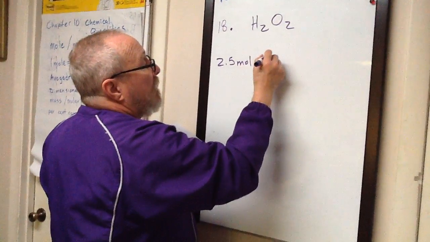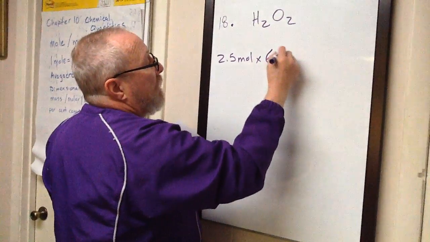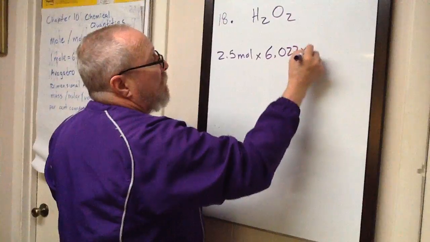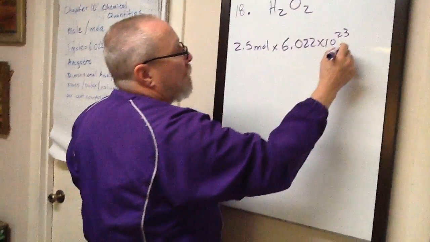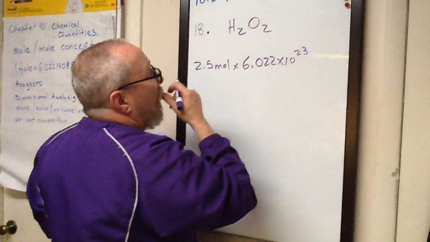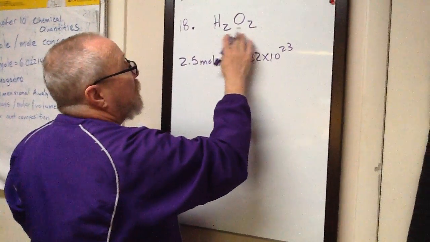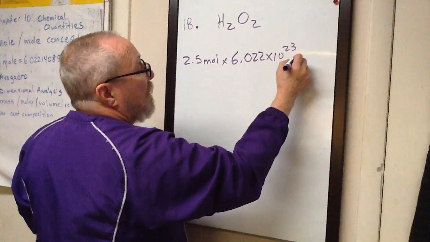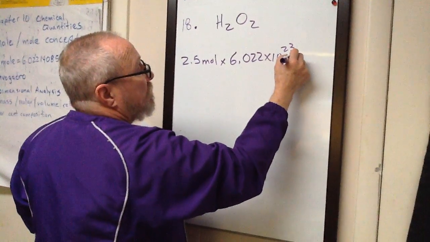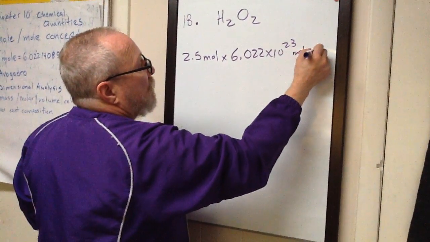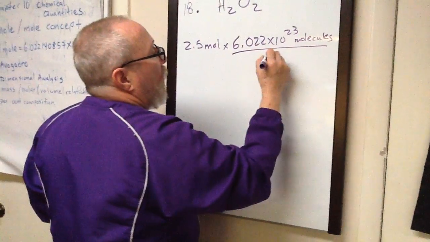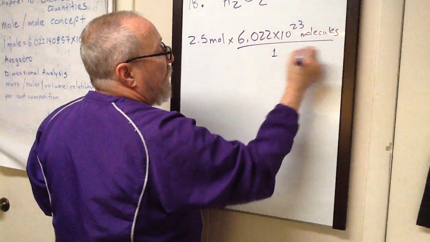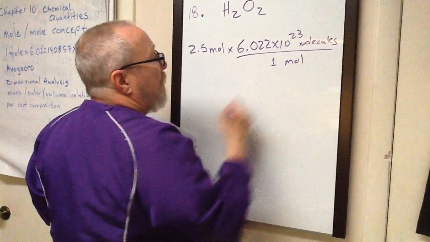So Avogadro's number states that there's 6.022 times 10 to the 23rd representative particles or molecules, individual units of H2O2, per 1 mole.